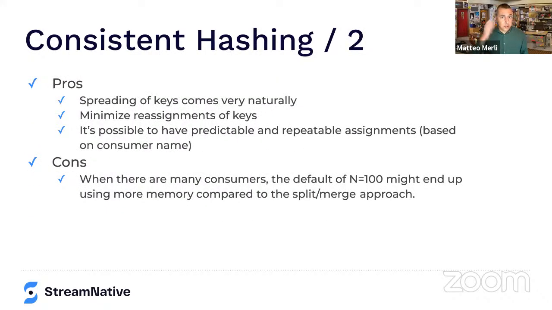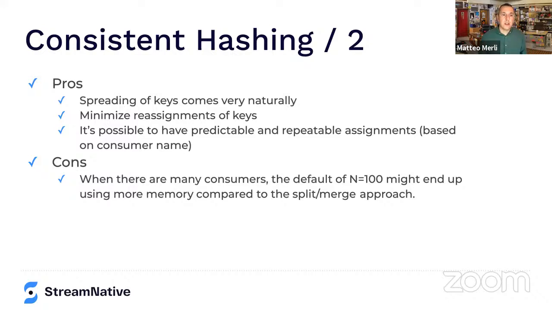The pro of consistent hashing is that the spreading comes very naturally. By using hashing 100 times, the spreading is very natural. If n equals 2, you get a poor distribution, but with n equal 100, you get a very good distribution already.